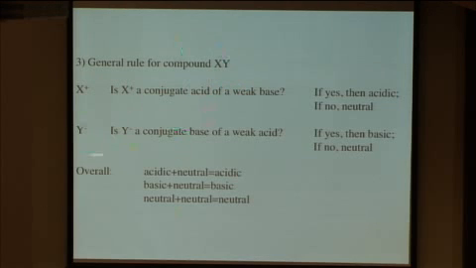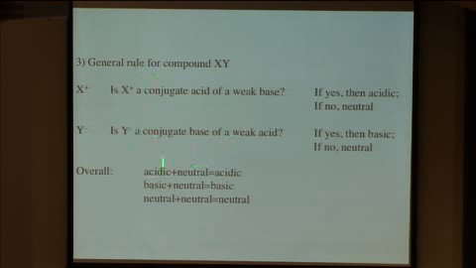For Y minus, you're going to be asking, is it a conjugate base of a weak acid? So for the first part, you're asking about if it's a conjugate acid. In the second half, you're asking about if it's a conjugate base. So if something is a conjugate acid of a weak base, and that's yes, if you know that's a weak base, then it's going to be acidic. If it's not, it'll be neutral. Same thing is true over here.